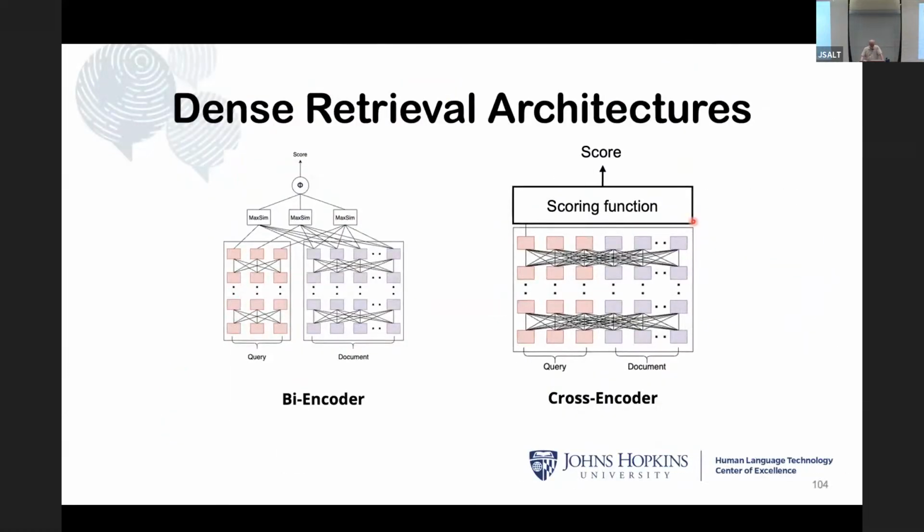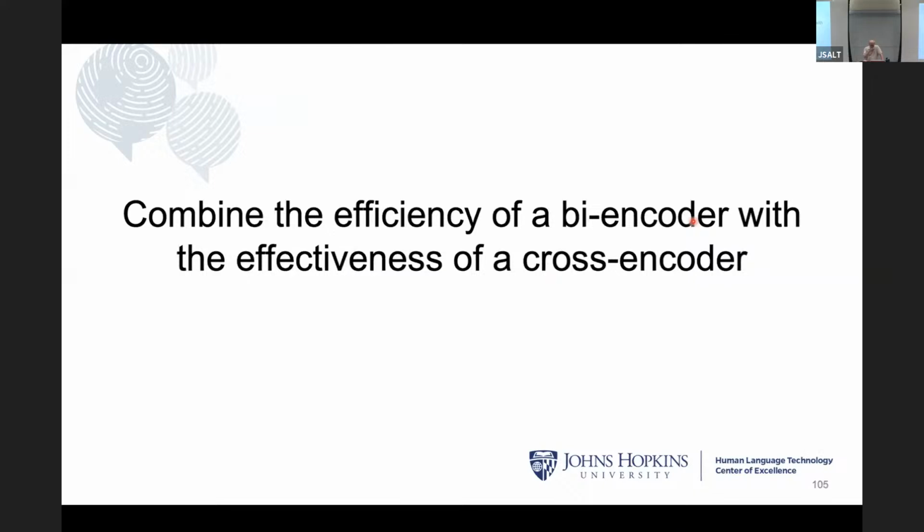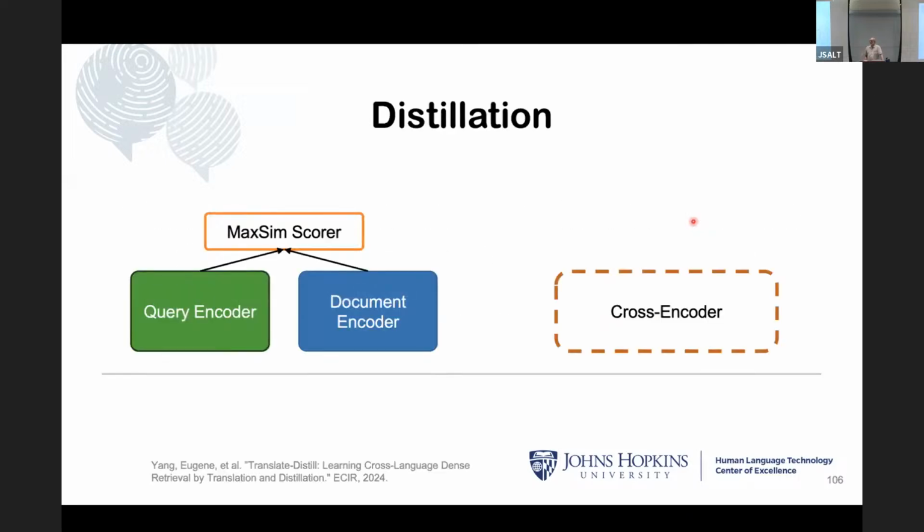So these are our main two architectures, a bioencoder and a cross-encoder. The cross-encoders have higher effectiveness, but the bioencoders have higher efficiency. So what we really would like is to combine the efficiency of the bioencoder with the effectiveness of the cross-encoder. We need a different way to train this, and we're going to use distillation for that.